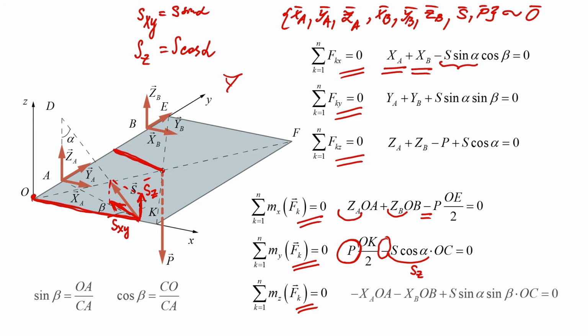Let us write down the moment equation for all forces acting on the body with respect to the axis Z. The moment of the forces YA, ZA, YB, ZB, and of the force P with respect to the axis Z is equal to 0, because the lines of action of these forces are parallel to the axis or cross the axis.